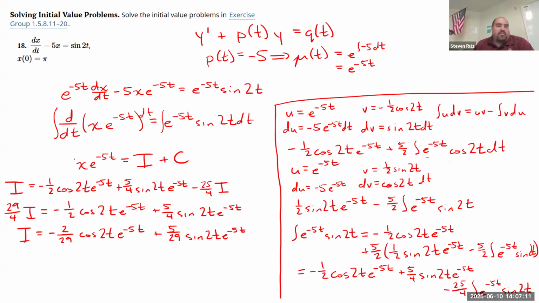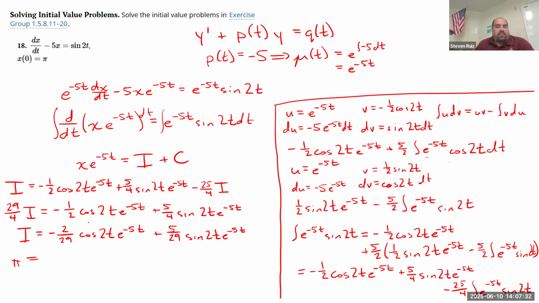So we'll go ahead and plug in 0 for t, pi for x. So pi times e to the 0 is 1.